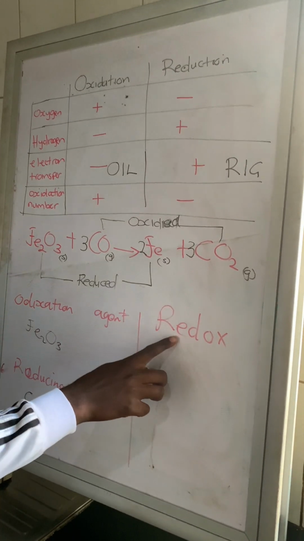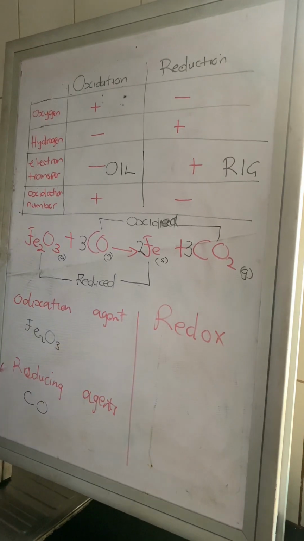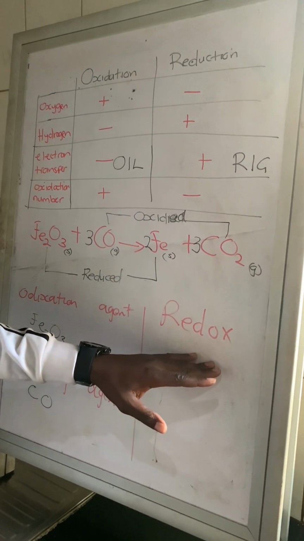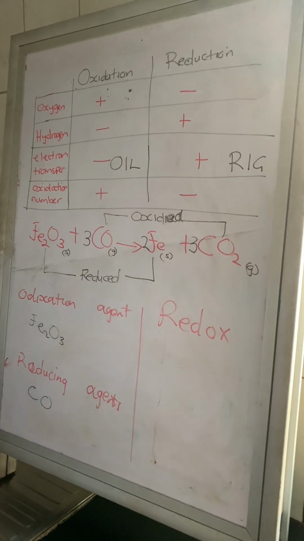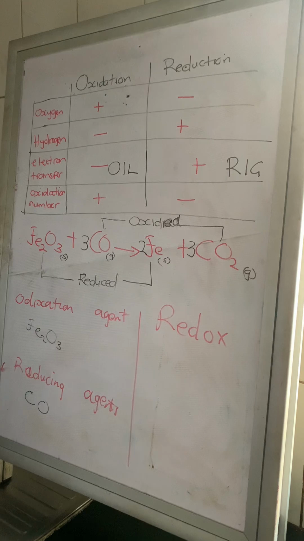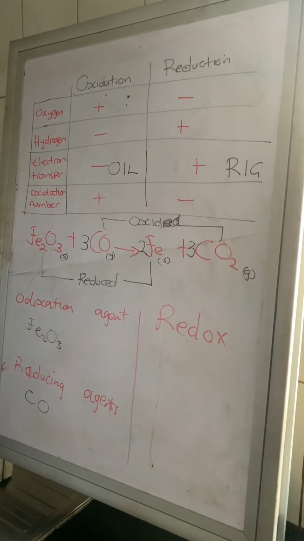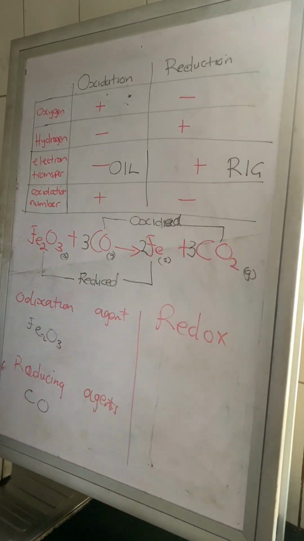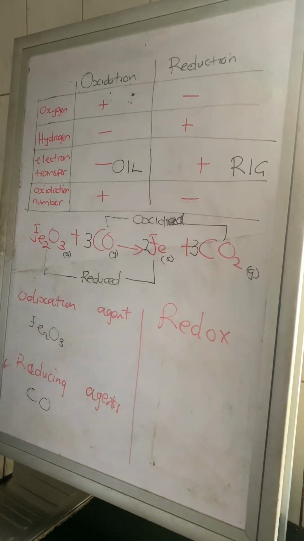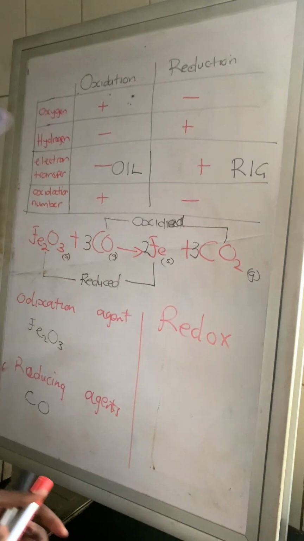So a redox reaction is a reaction that involves reduction and oxidation. Or you can define it as reactions that involve transfer of electrons. That's a redox.